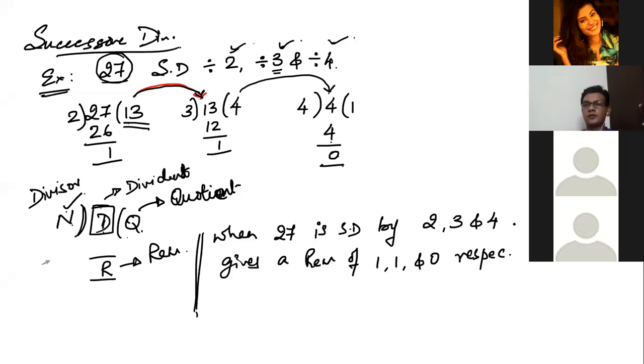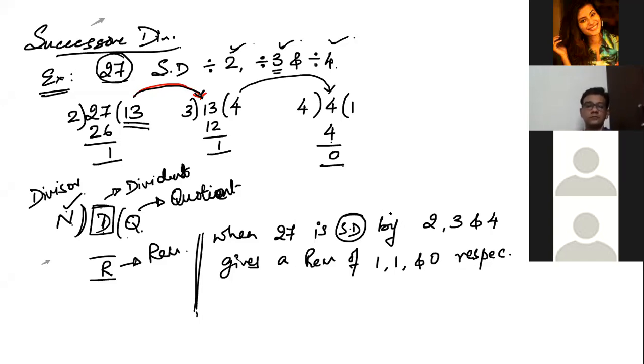This is how I make the statement. So when 27 is successively divided, not divided, successively divided. So the word successive is important here. When 27 is successively divided by 2, 3, and 4, it gives a remainder of 1, 1, and 0 respectively.